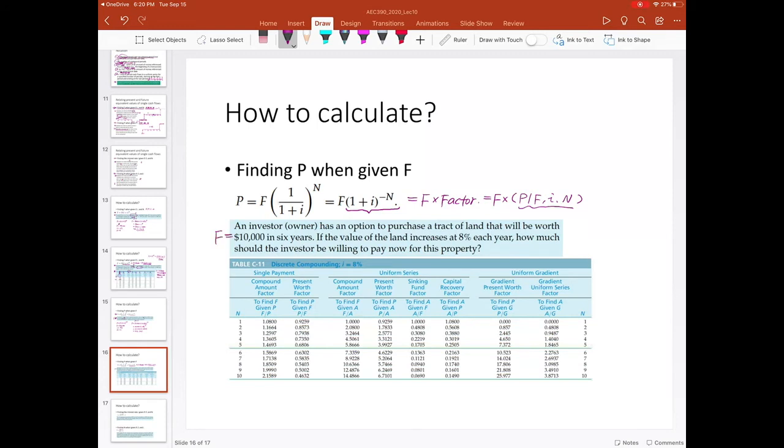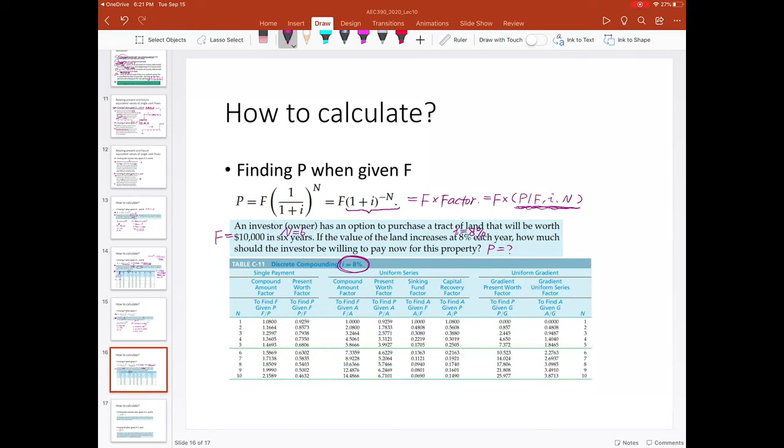So here you have future value given, which is 10,000, N is 6, interest rate I is 8%, and what you want to find out is the P. Okay, so in the table method, you want to find out the factor of this. For this problem, how do you find it out? First, you need to find out which table to use. As what I said, you always find the table for the same I. So I equals 8%, that's the table you want to use.